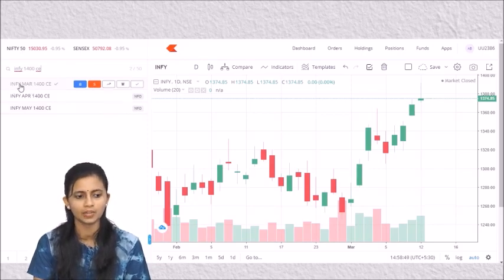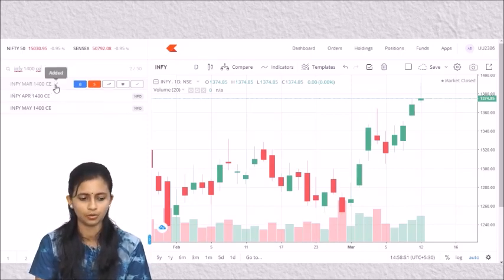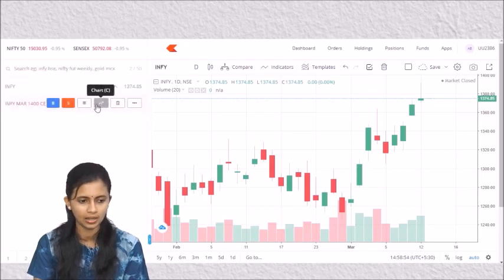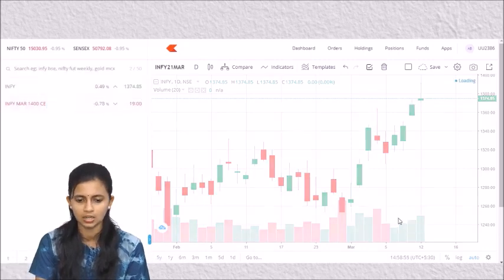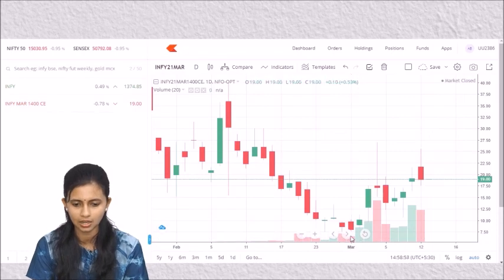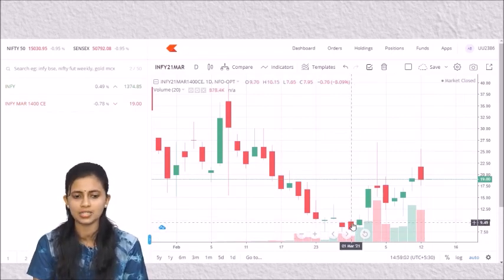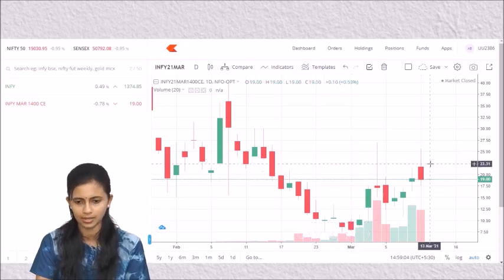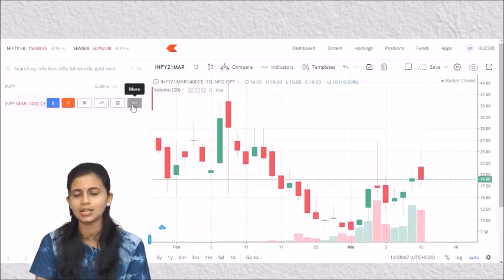Now if I take Infy March 1400 CE and look at its chart, you can see that at the beginning of March the premium was at 9.7, and today the premium is at 19, right?